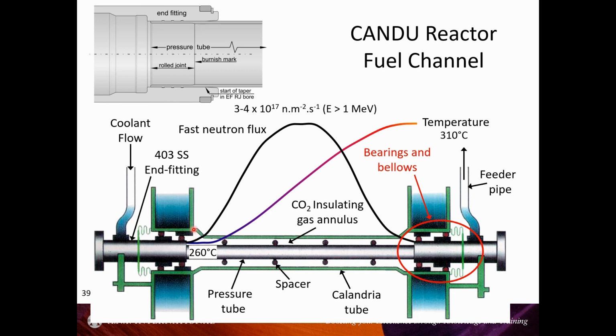So the calandria tube, if it was pressurized, would be fixed end, whereas the pressure tube, because it's got these closures here, is like a closed-end biaxial pressurized capsule. And this just shows you how the temperature and the flux varies along the fuel channel.